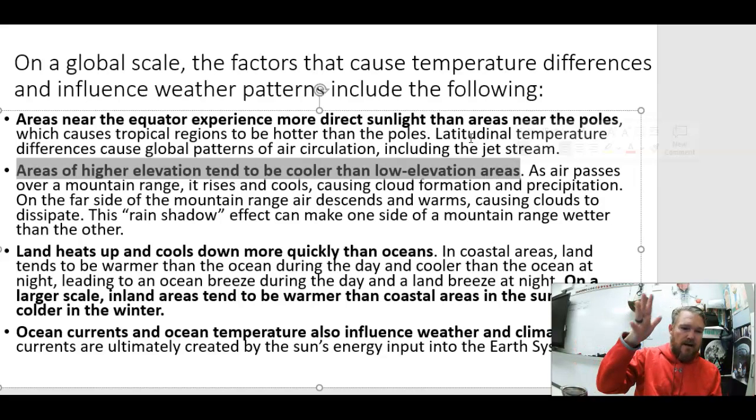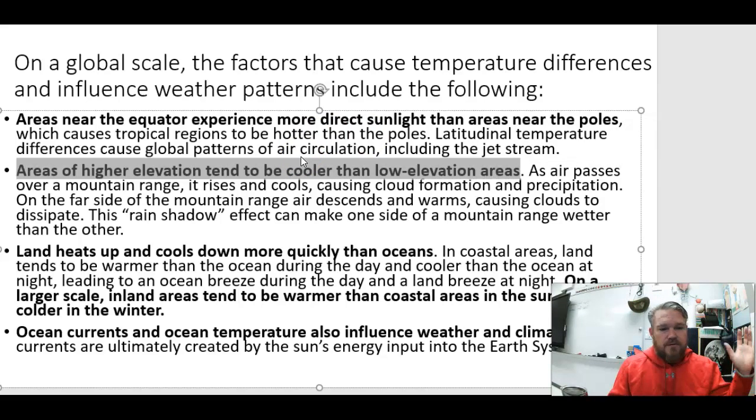And then as that air continues to pass over the mountain, it begins to warm, and then will carry less moisture in it. So typically one side of a mountain, usually the side that the winds typically prevail from, will be wetter. The other side will be dry, which just goes into the water cycle a little bit later.